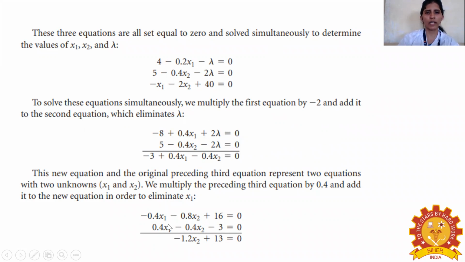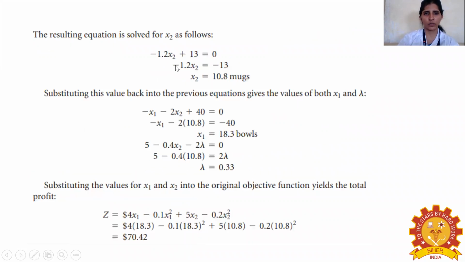Solving these two equations, we get the value of x2 to be 10.8 marks, and substituting this in the previous equations, we get the value of x1 as 18.3 bowls, and substituting again, we get lambda equal to 0.33.